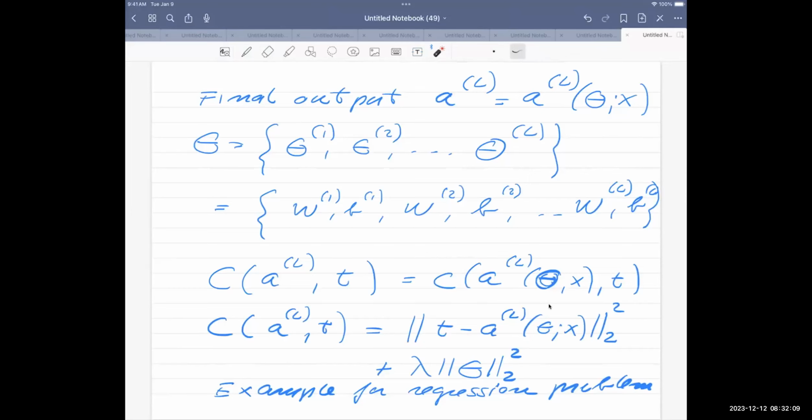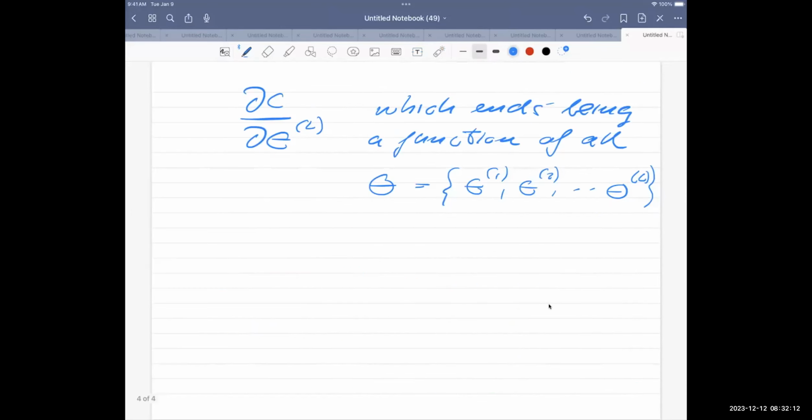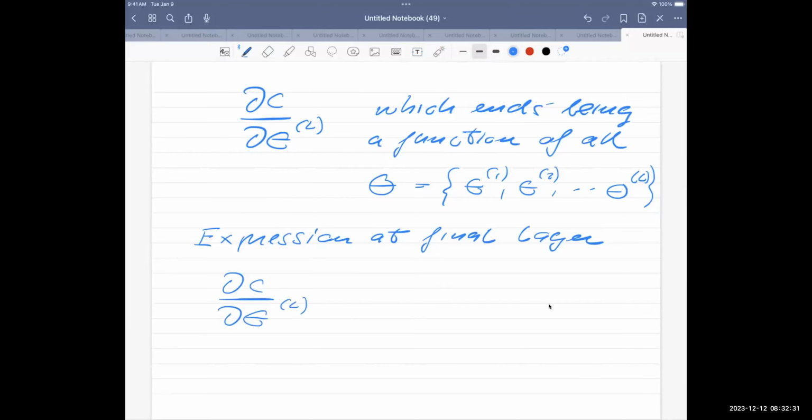So if we take this derivative of the cost function with respect to theta of L, this is basically us applying the chain rule, because the function C depends explicitly on A of L and only implicitly on the parameters theta, which contain the weights and the biases.